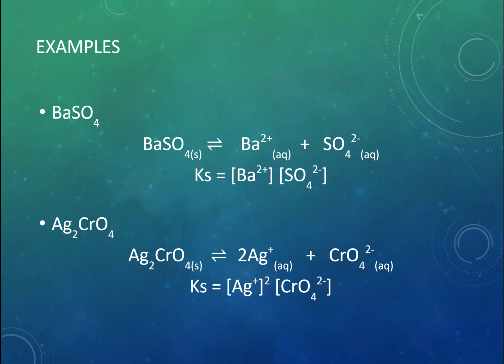Similarly, you might not know the charge on the chromate ion, but you should know that silver is 1+. If you've got 2 silvers, that's 2 lots of 1+, therefore the chromate must be 2-. Okay, this is Level 1 chemistry stuff, guys. So if you don't know it, go out and learn it before I see you back in the next video where we start looking at some calculations using Ks. I'll see you there.